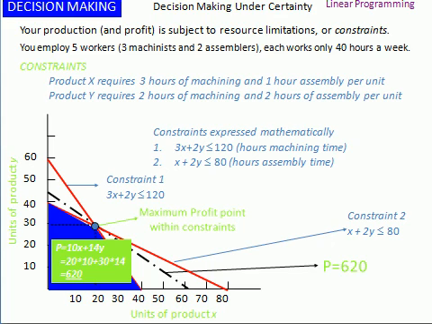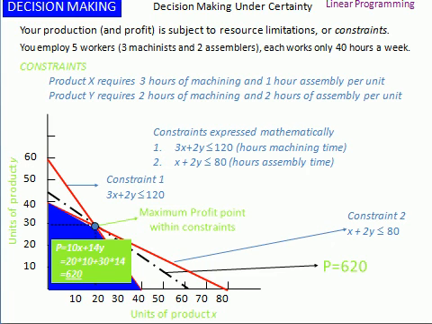Let's talk about constraints. 3x, 3 hours of machining, plus 2y, 2 hours of machining for y, and I have only 120 machining hours because 3 machinists, so 3x plus 2y is less than or equal to 120.